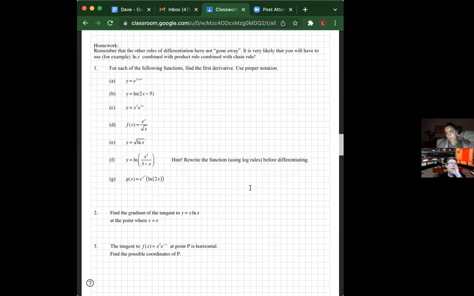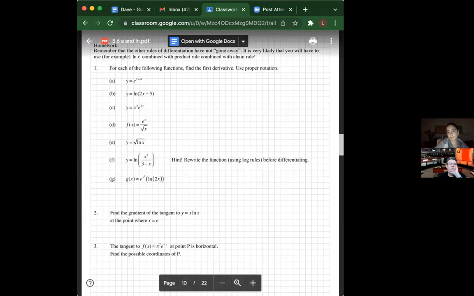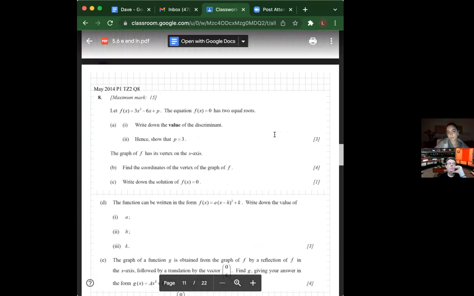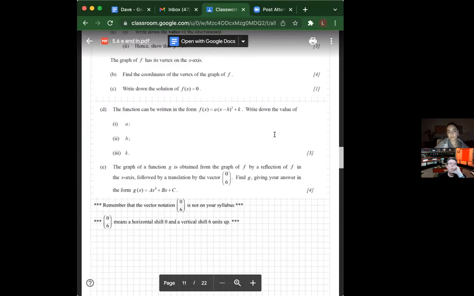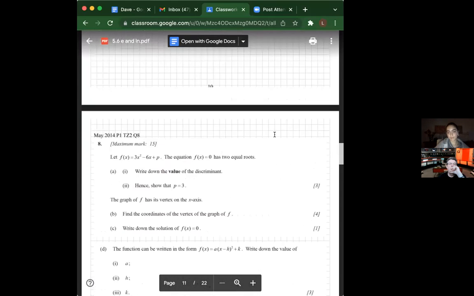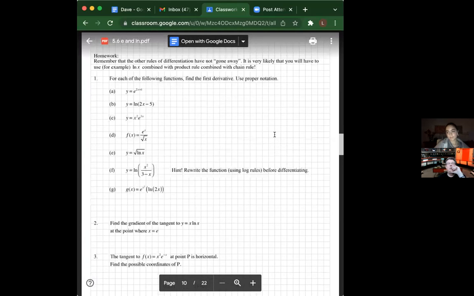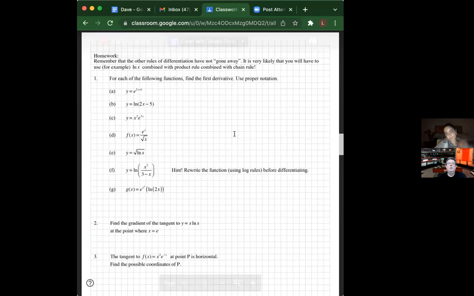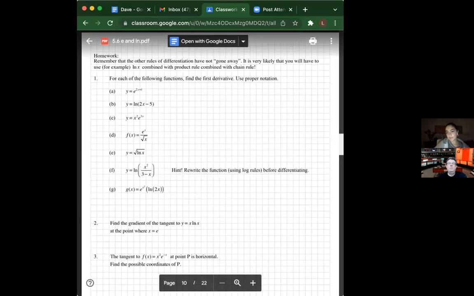Okay, well, let's go through that. Is that it? For the homework? We also had other stuff, but it's not related to the topic. Okay, so I stop sharing my screen.